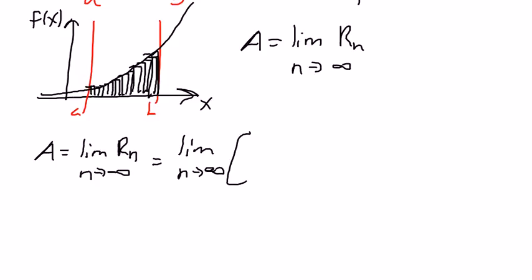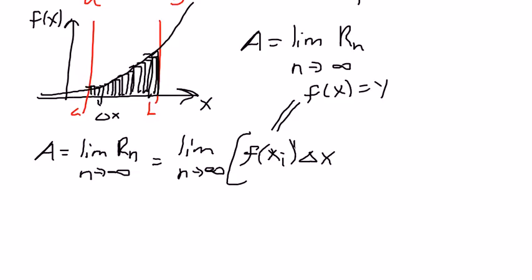So if we know the width to be some difference in x, then all we have to do is multiply f of x i, where i goes from 1 to whatever n we choose, by the width, delta x.